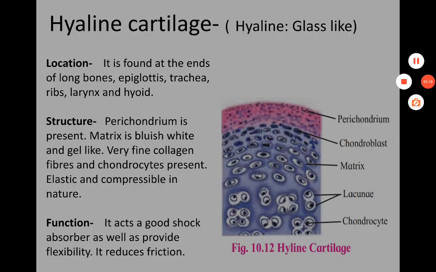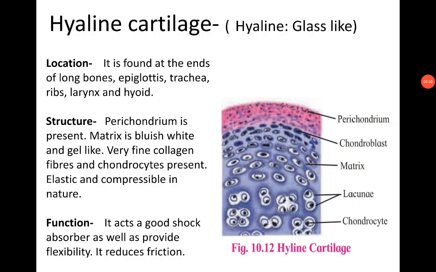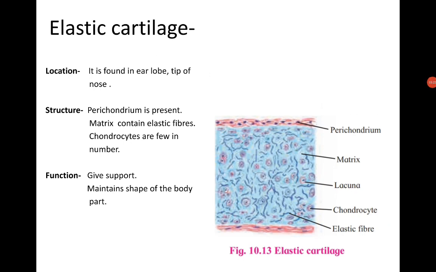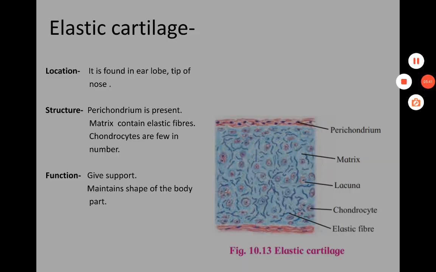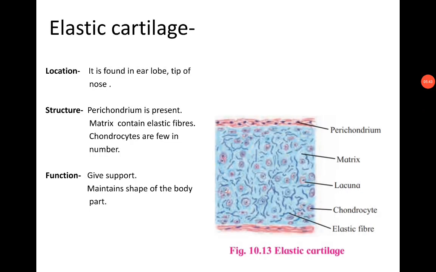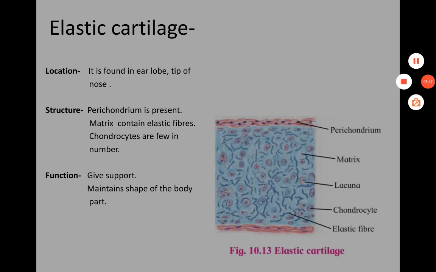The next type of cartilage is elastic cartilage. In the name elastic, it means this cartilage is elastic in nature. It provides mostly elasticity in this tissue with the help of yellow fiber.